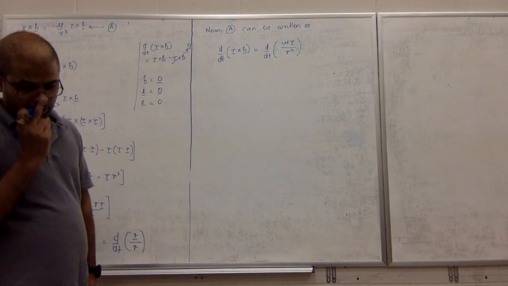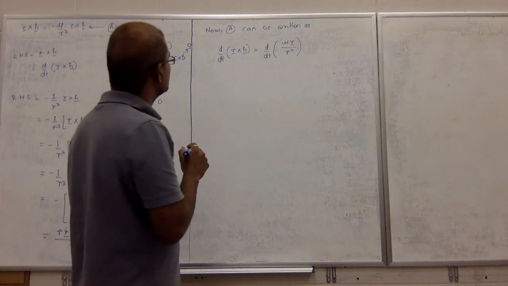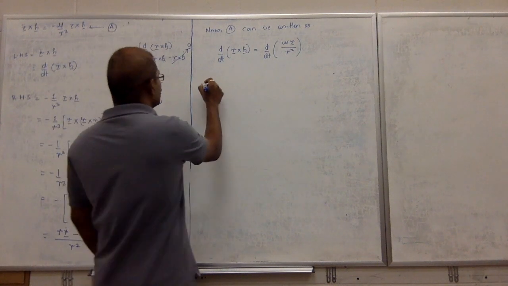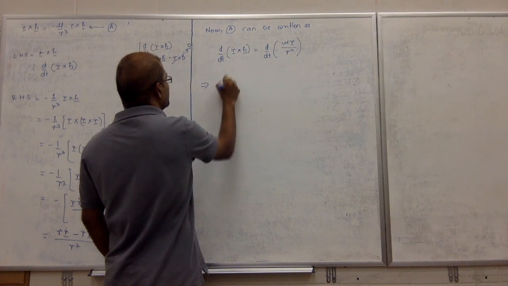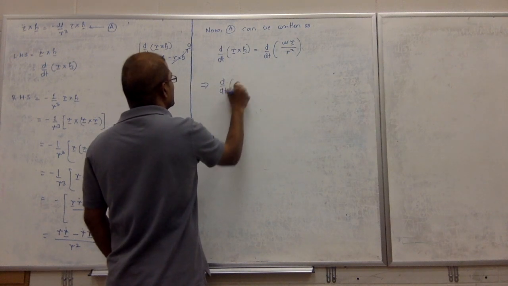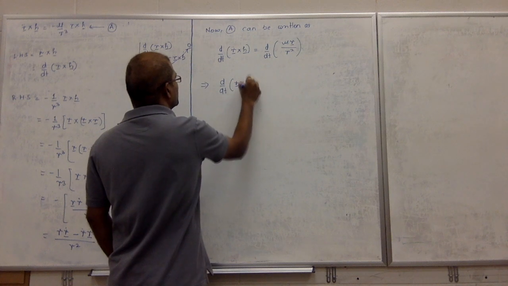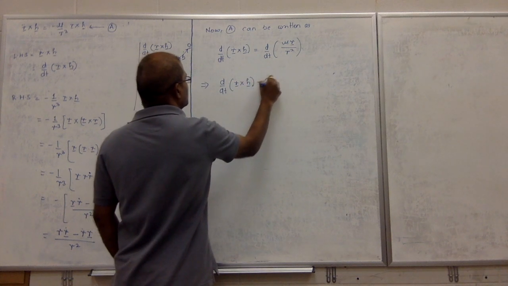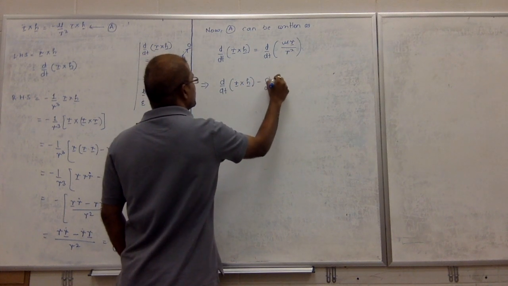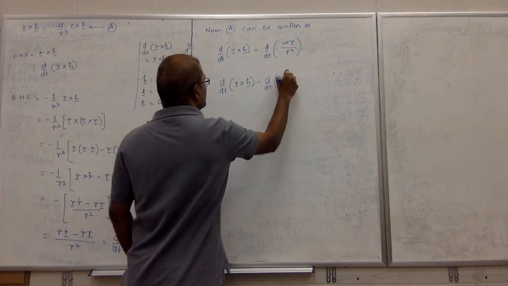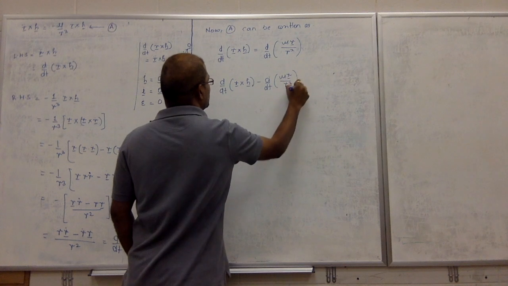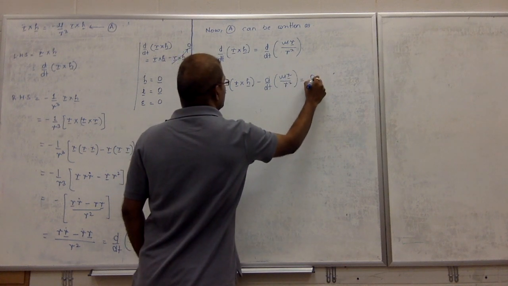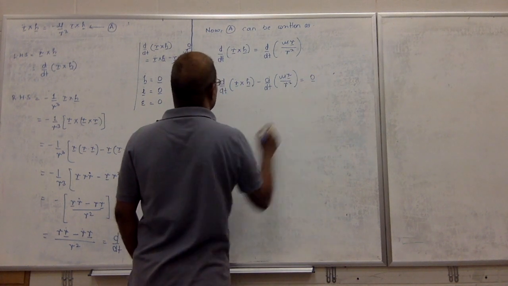Now this implies d over dt of r dot cross h minus d over dt of mu r divided by r is equal to 0. Right?